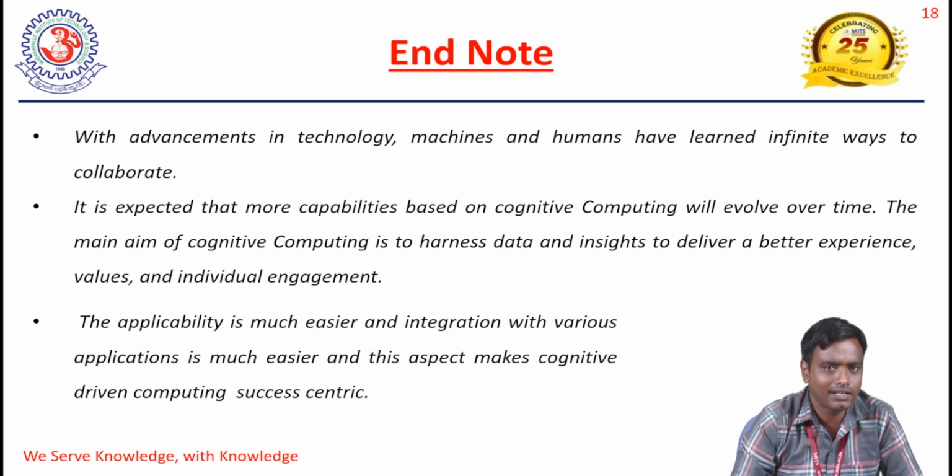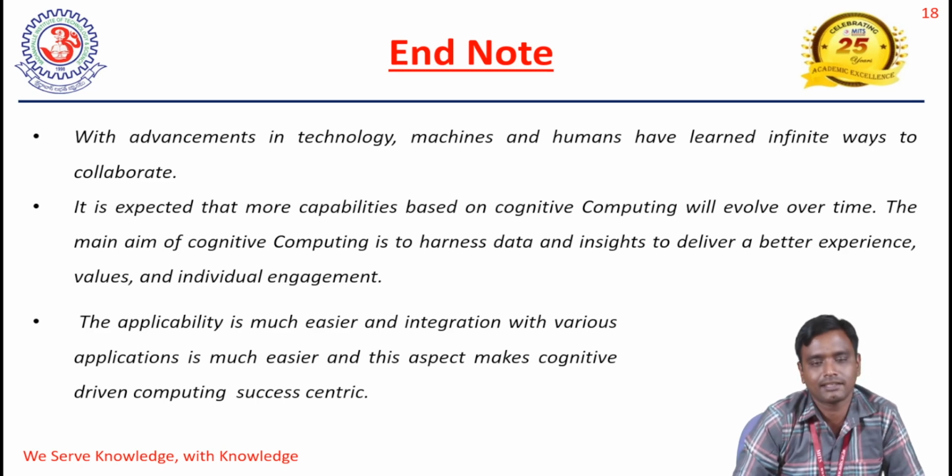So the applicability is much easier and integration with various other applications is much easier, which makes cognitive computing a success centric one. So by this we can say that cognitive computing will be a success centric one in the future.